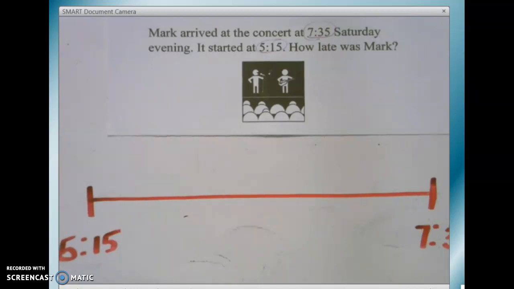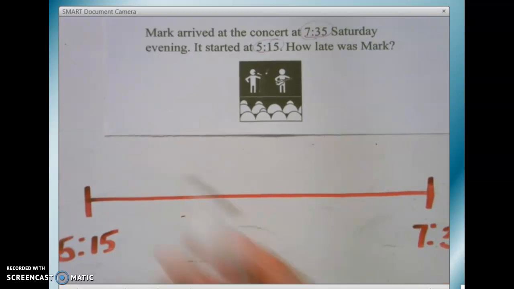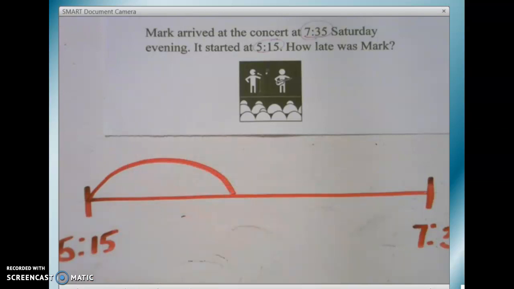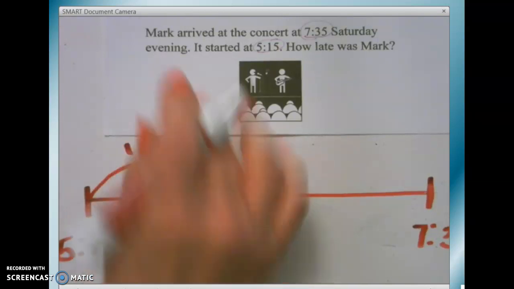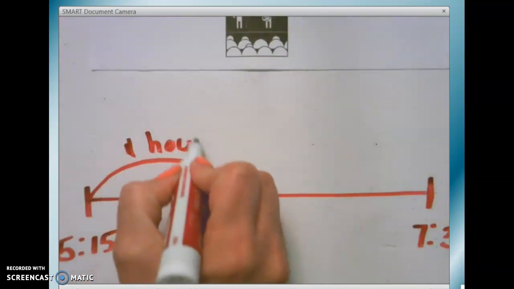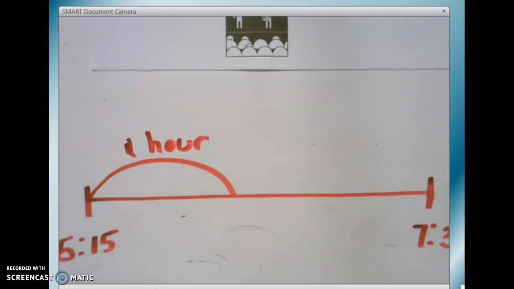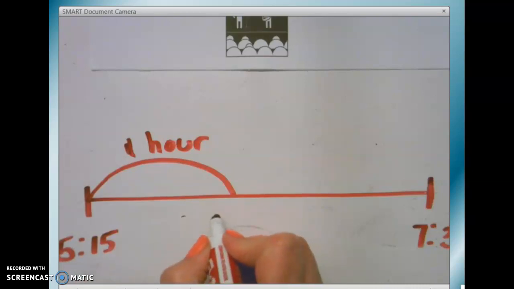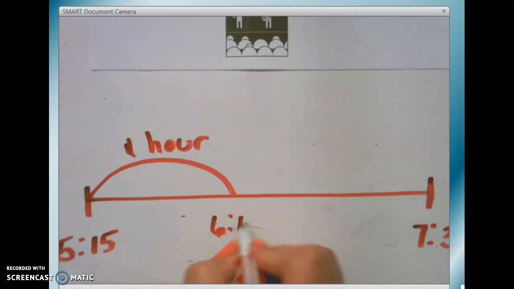If I add an hour to 5:15, remember doing this when you were learning how to add on or take away? I'm going to add on 1 hour. What time is it now? 1 hour added on to 5:15. It's 6:15.